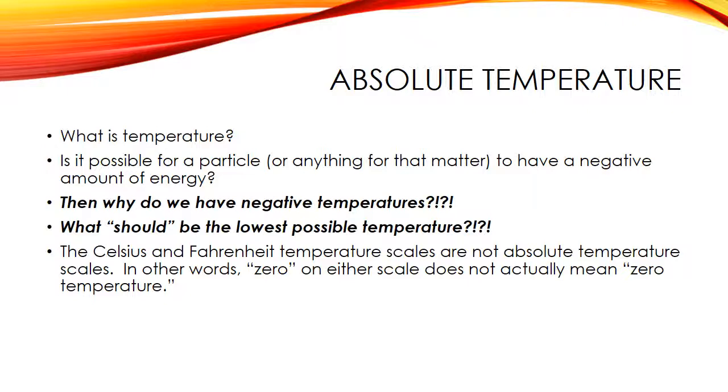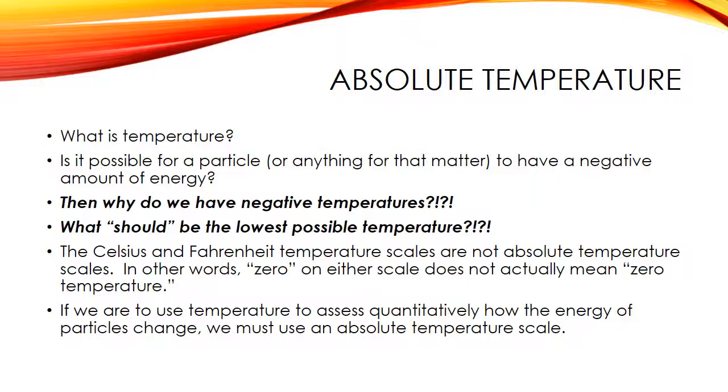In other words, what we're saying here is the Celsius and Fahrenheit temperature scales are not absolute temperature scales. The zero on either scale does not actually mean zero temperature, because they don't mean zero energy. So we need a temperature scale that actually has a zero value for zero energy.